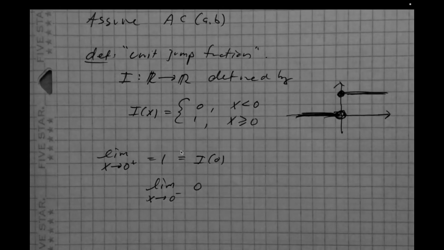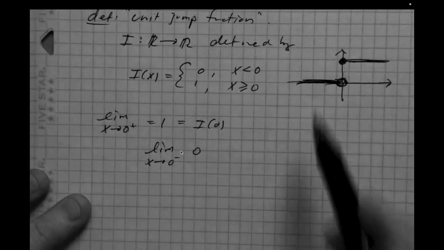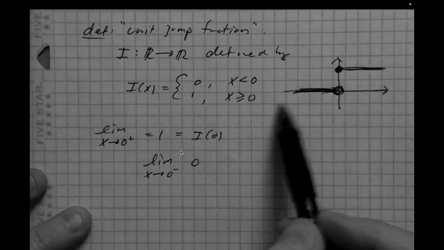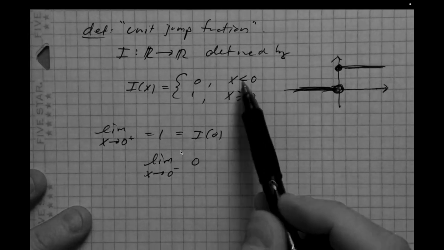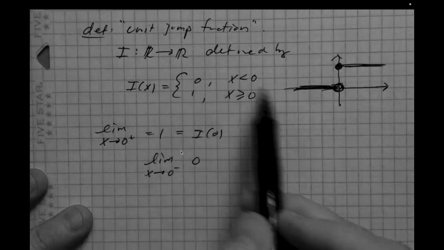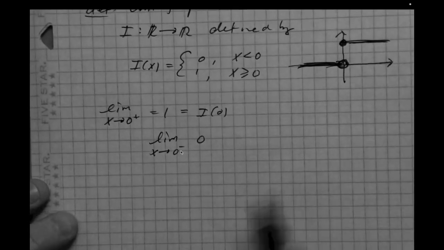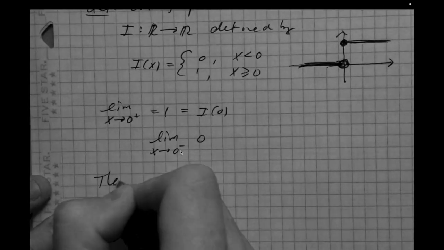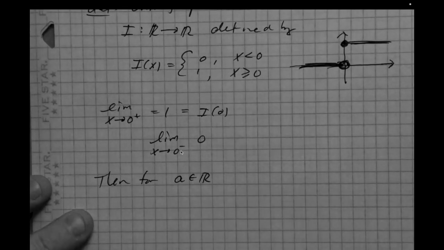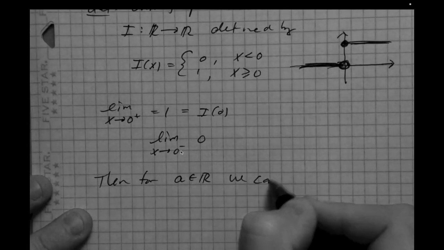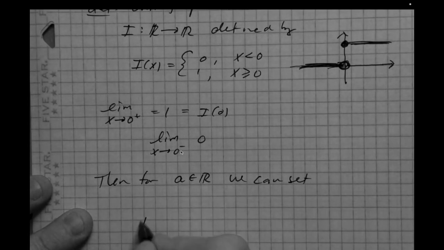Okay, and this can be easily extended by just re-expressing it. So this is not tremendously helpful because it's stuck here at the break point at x equals 0, but we can easily extend this definition to make it much more versatile. So for a real number a, we can set I sub a of x, right?